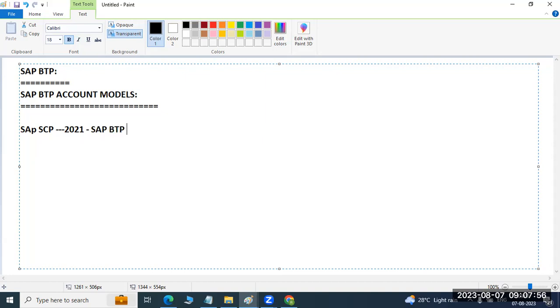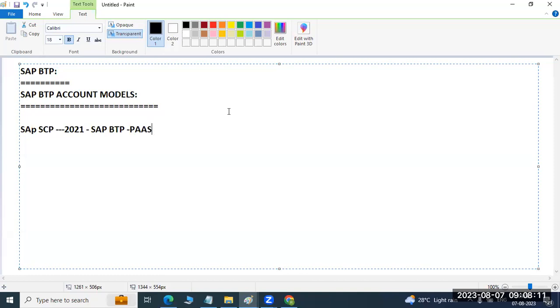BTP is the Business Technology Platform. SAP is providing a platform as a service to customers to use their services.